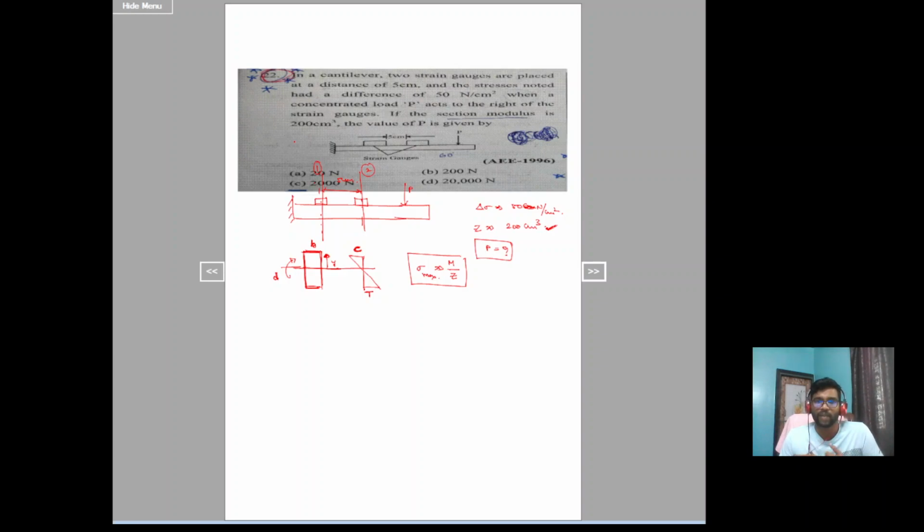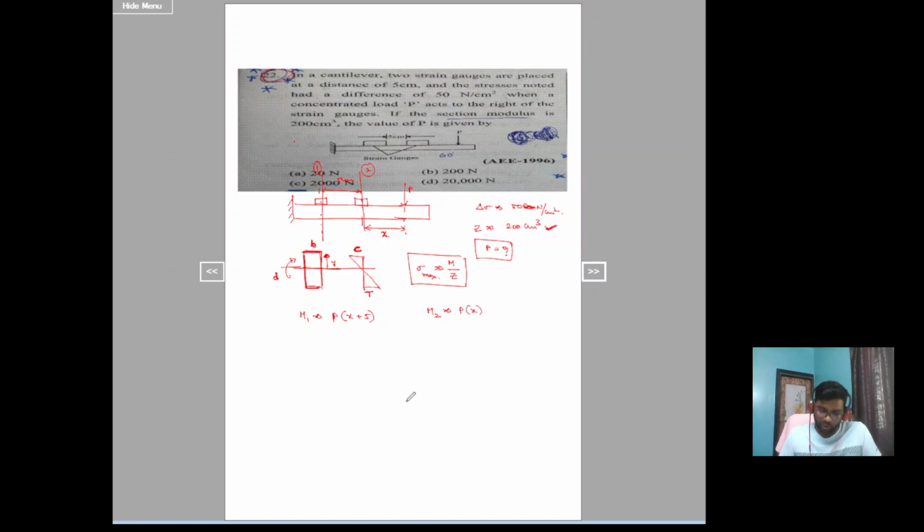Now he is asking to calculate the P value. So let's take the bending moment at point 1, that is M1. Let's take the distance between the point load and section 2 as x. Now at section 1 the bending moment is equal to P into (x plus 5), and at section 2 the bending moment is equal to P into x.